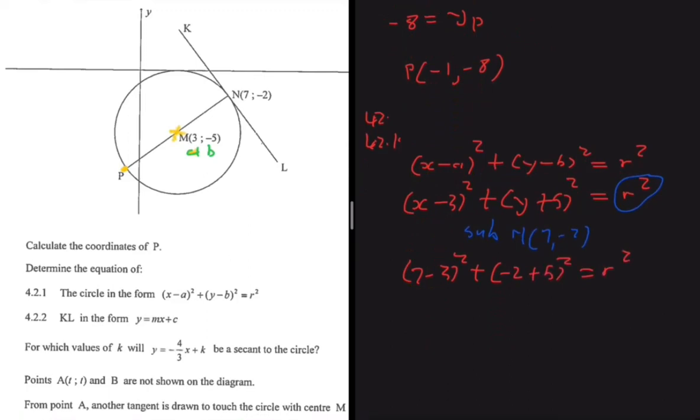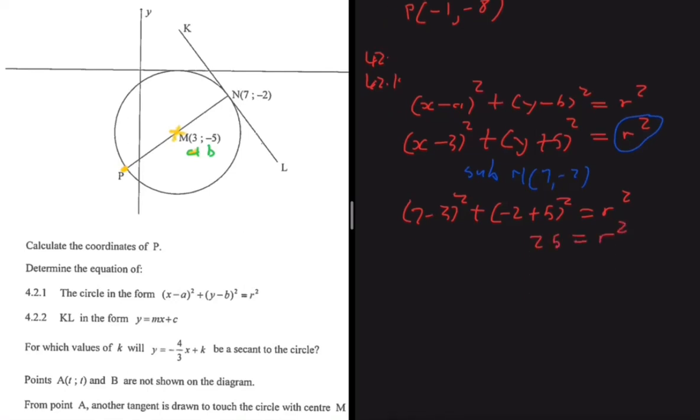So there we just have 4 squared plus 3 squared, so we have 25 being equal to r squared. So now our equation will be (x minus 3) squared plus (y plus 5) squared being equal to 25, right?